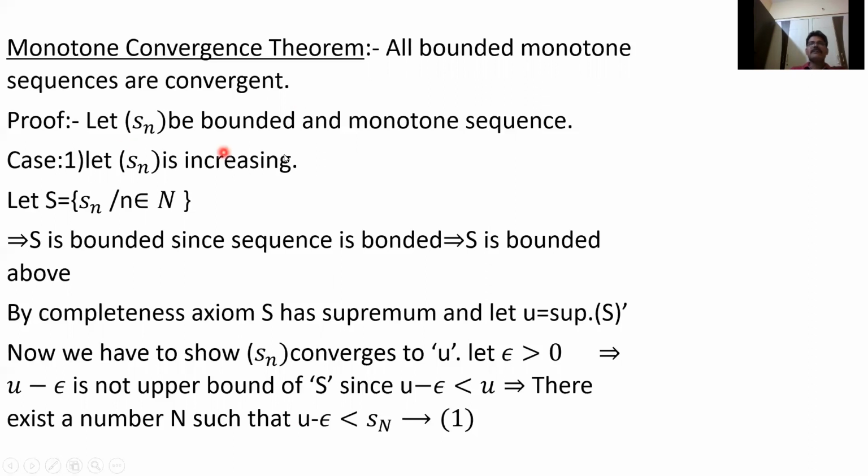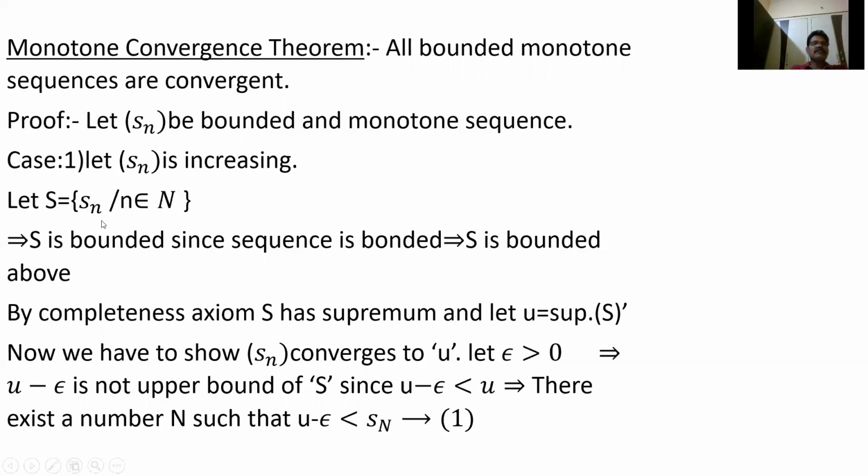Let Sn be a bounded and monotone sequence. Now we have to show this is convergent. We know the definition of a monotonic sequence: it is either increasing or decreasing. First I will take case one. Case one: let Sn be increasing.